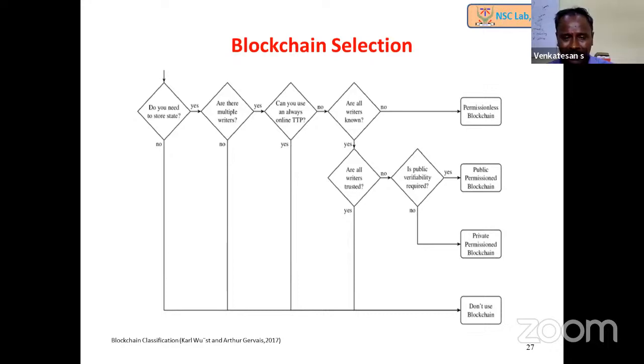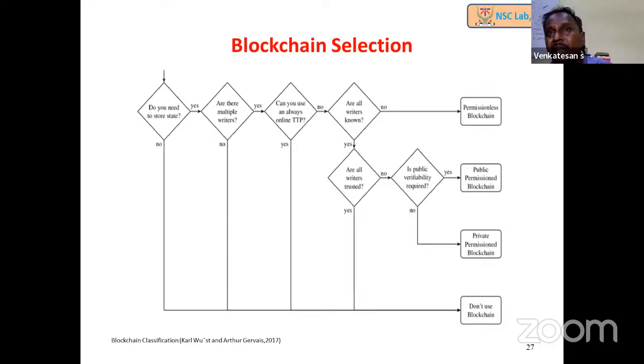Because I have seen there are various research papers or organizations that want to use blockchain technology for their application. However, there may not be a need for using blockchain technology in that application. So we have to decide whether we want to use blockchain technology or not. Because as I said, it gives the additional overhead, and accordingly we have to decide.